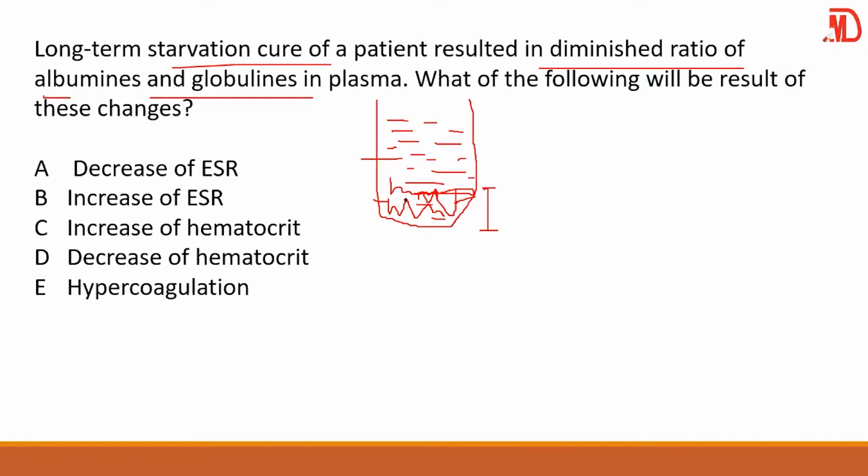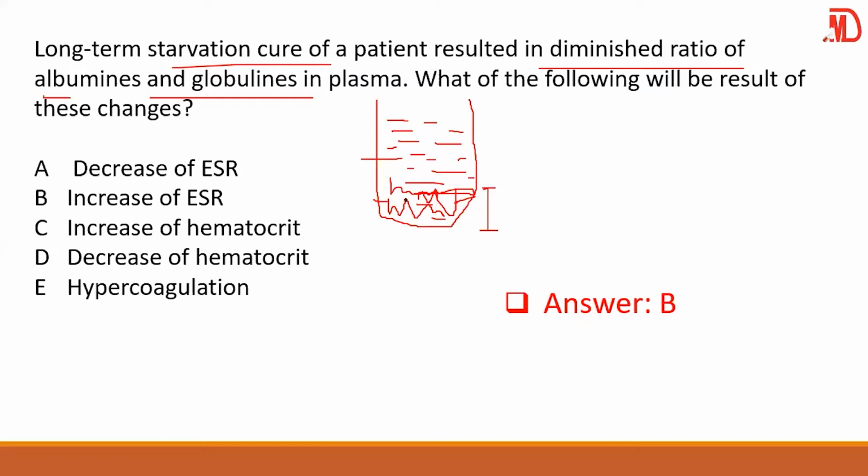So there will be a decreased erythrocyte sedimentation rate. Over here, we are looking at a decrease, but Krok says it is increased. So basically, again, we're having something to argue about.